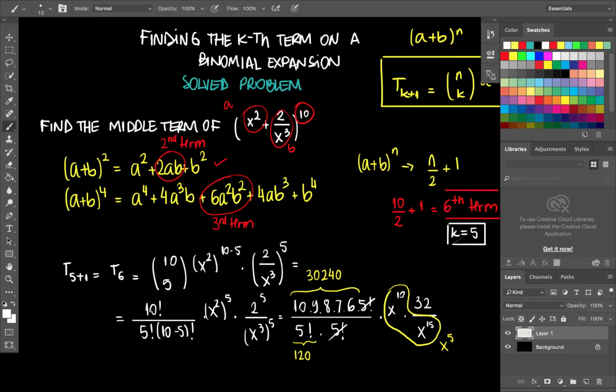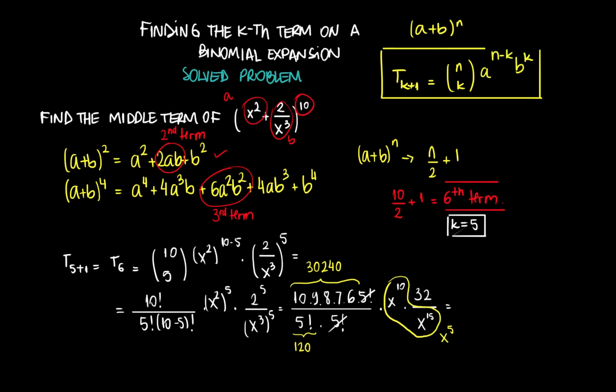So we have 30,240 times 32 over 120 times 1 over x to the 5th power. As a final answer, we have 8,064 over x to the 5th power, and that is our final answer.